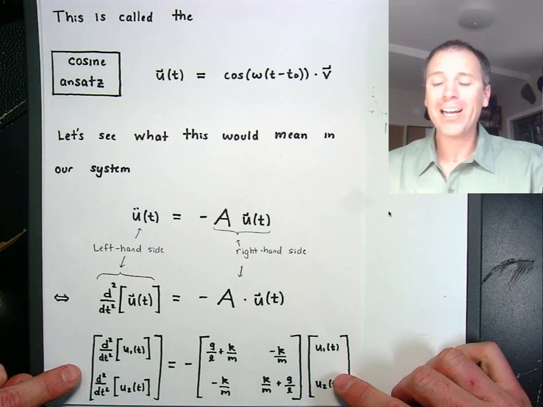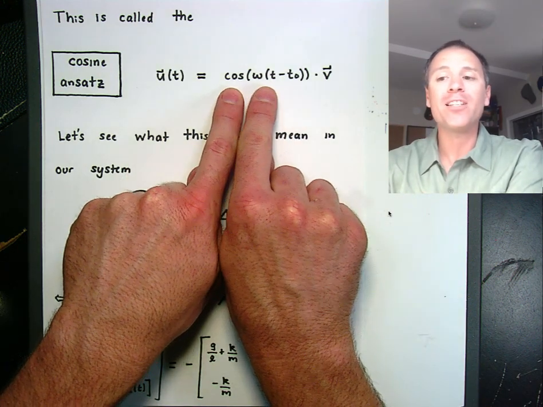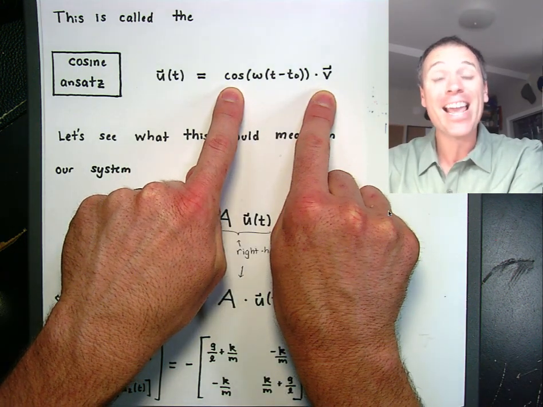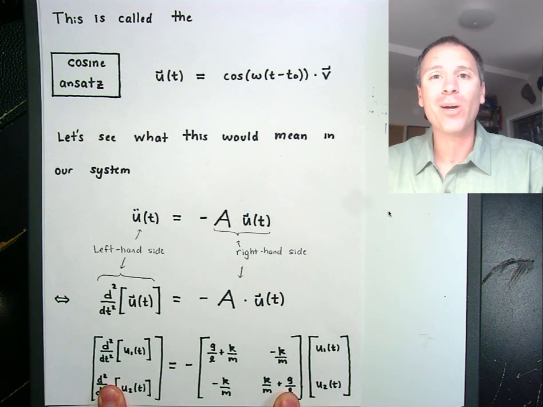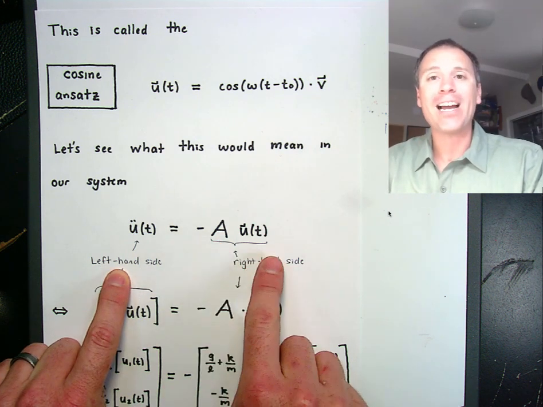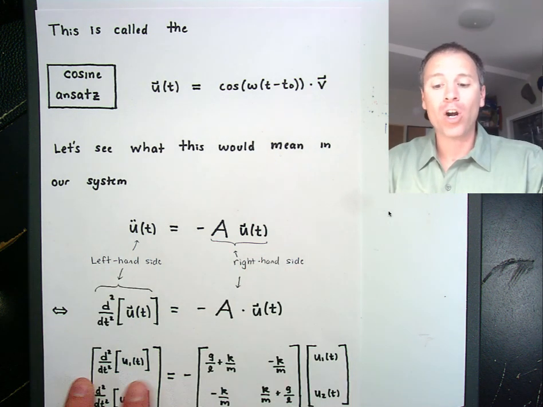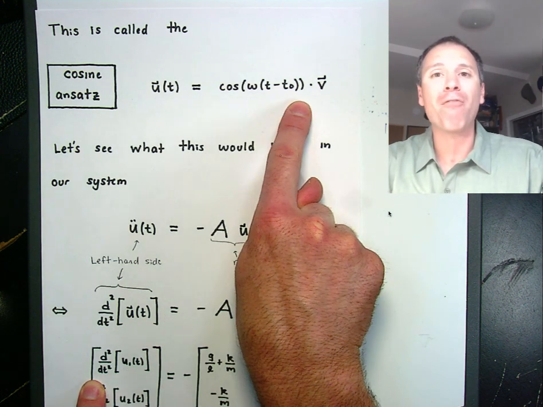With that, when we look at these individual entries, perhaps now we can use this cosine ansatz in its scalar form to figure out what that means in terms of the matrix equation. We'll do that by looking at both the left-hand side and the right-hand side separately, and we'll start by differentiating each individual displacement with respect to the implications of that assumption.